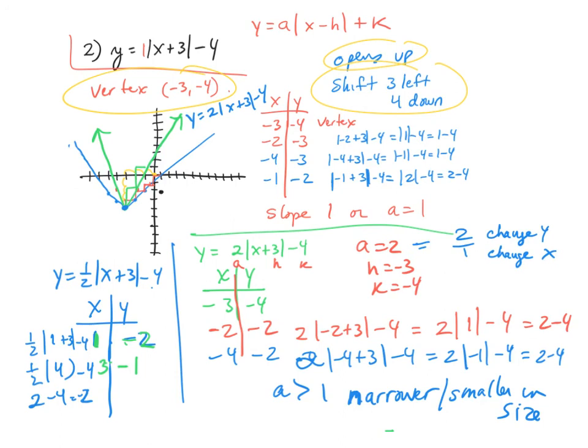I have another point at 3, -1. And there'll be a mirror image on this side.